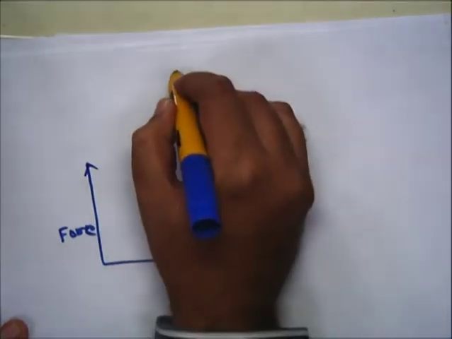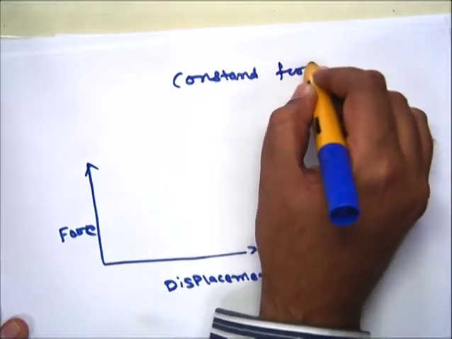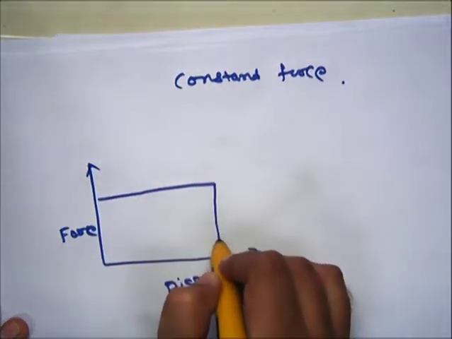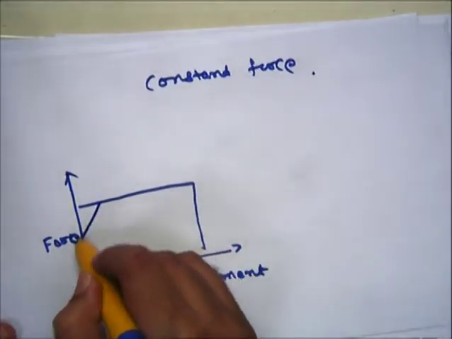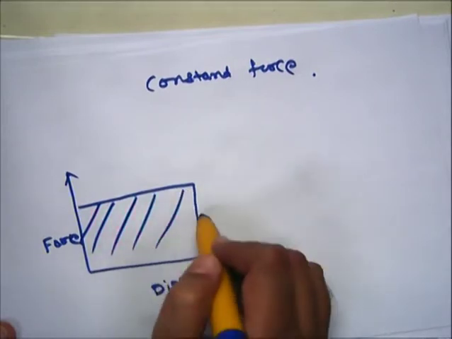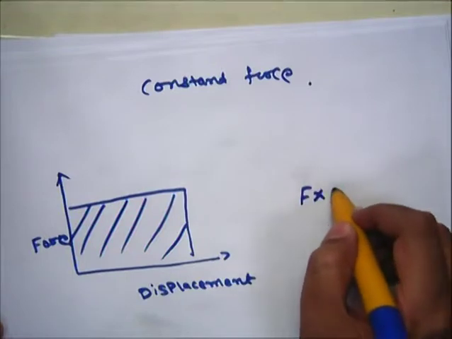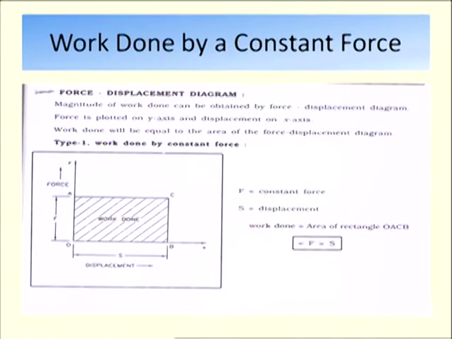As we are discussing a constant force, it remains constant throughout the displacement. So we can find the work done by the area under this graph. So it is F into S. You can see the PowerPoint. It is F into S. I hope it is clear to you.